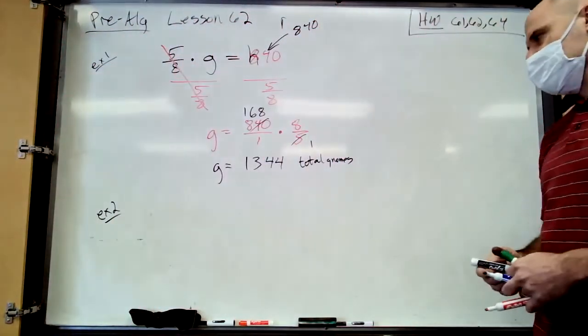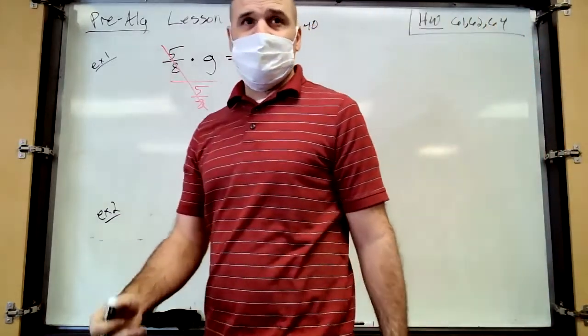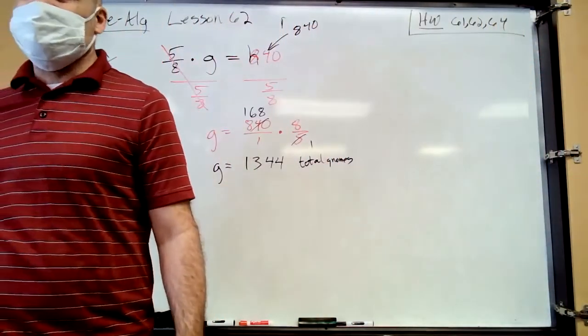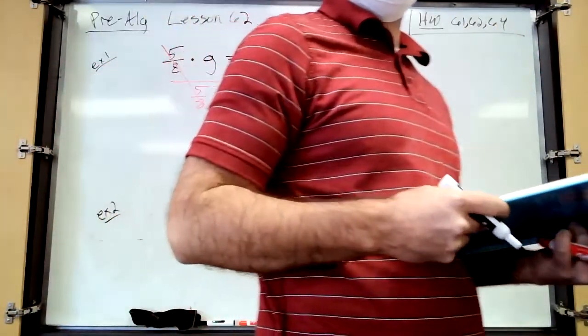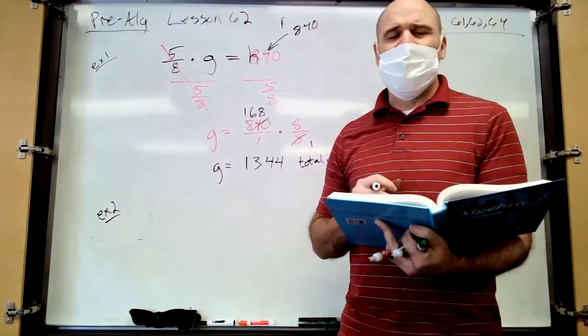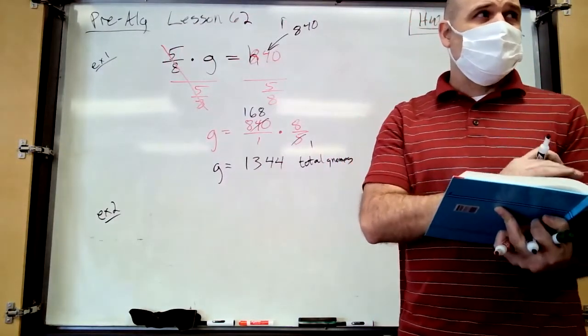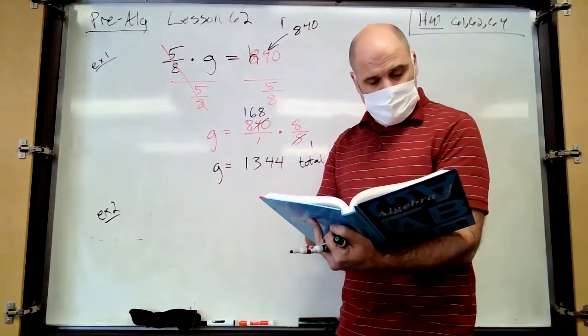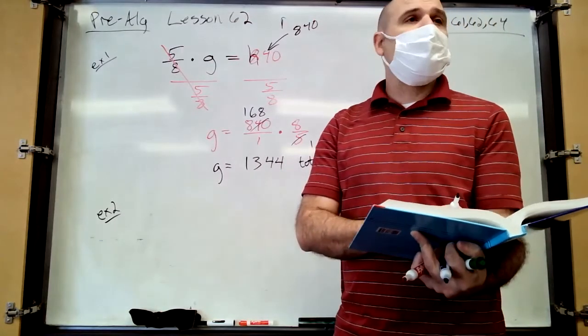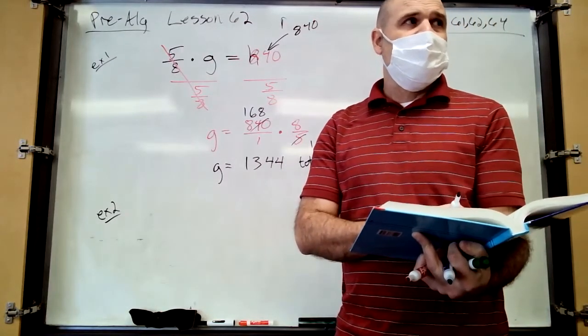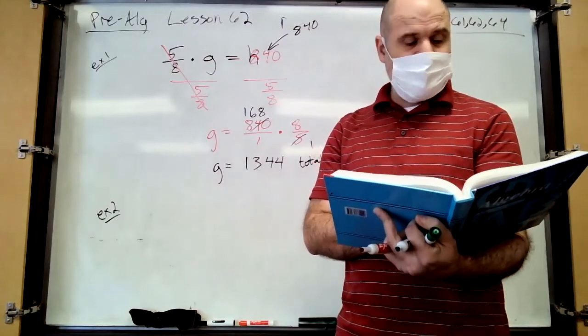Okay, I'm going in. Here we go. So I'm going to translate, guys. Listen and watch. This makes it so much easier. 2 and 4 fifths times the acceptable number.